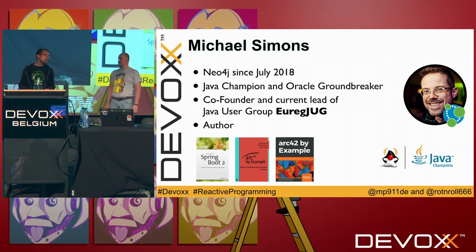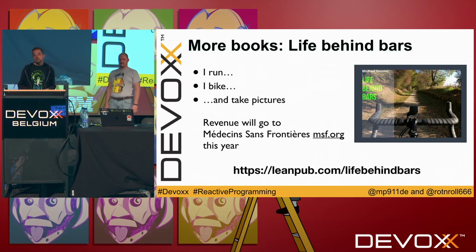Apart from that, I'm a contributor to a bunch of open source projects as well, and I really like that work. But I also run, I bike, and I take pictures, and that's a book I'm working on at the moment. Personal thing of mine, but if you want to have a look at it, you can go there. This year again, I will spend all the revenue from that book and the Arc42 book on LeanPub again on Medecins Sans Frontieres. I think that's something important to do once in a while.